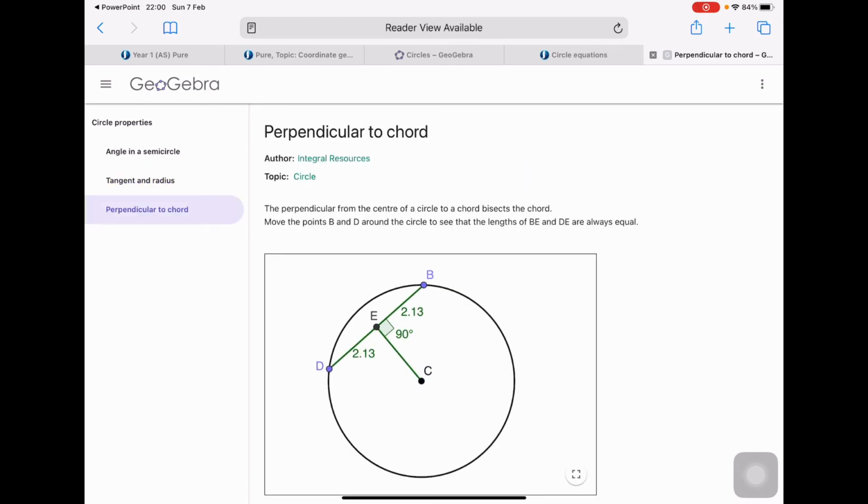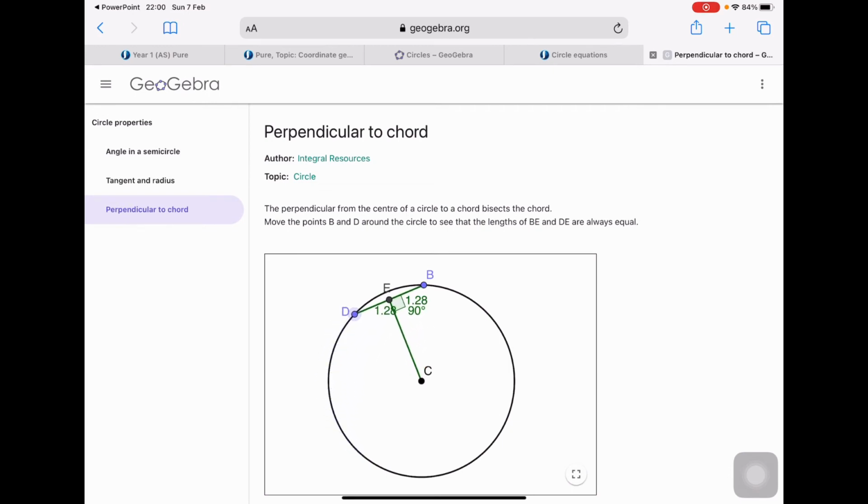This is one which some of you may not know about. So the perpendicular from the center of a circle to a chord bisects the chord. So if I move around and I'm making the chord larger, the perpendicular from the center, so the line from C to E, is always going to bisect the chord.